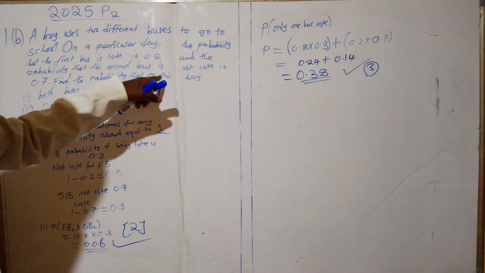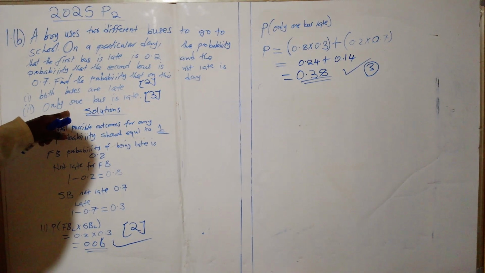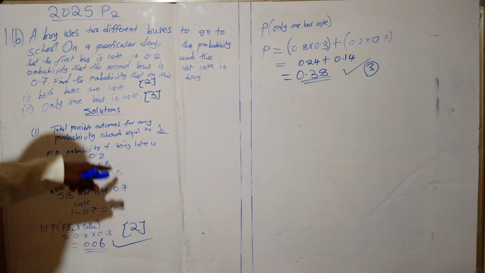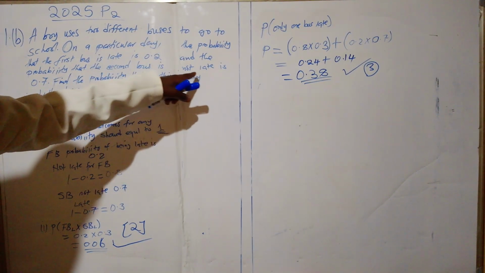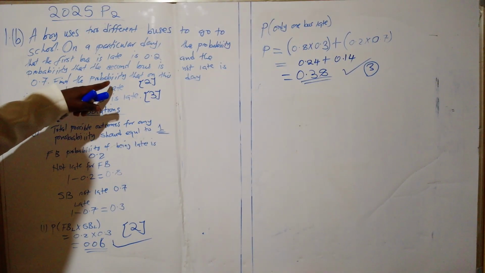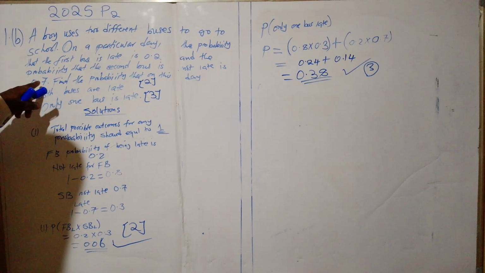Find the probability that on this day both buses are late. If the first bus is late, we have 0.2. Then, what's the probability of the second bus being late? Since the probability that we are given here is for it not being late, which is 0.7, for it to be late is 0.3.